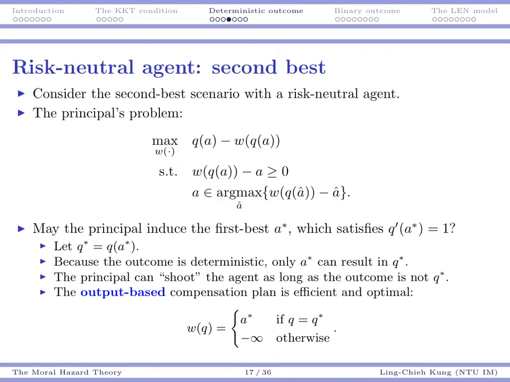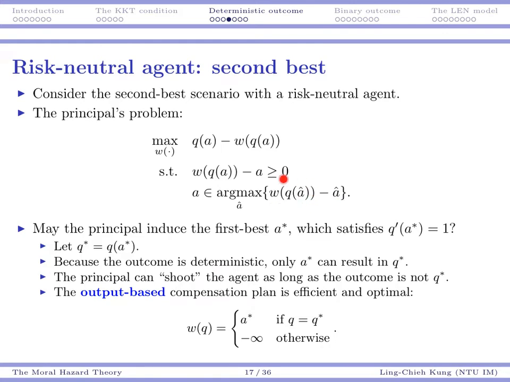Now let's see whether we can still do it when we cannot control the effort level. In that case, the principal can only design W, and W would just be a function of the outcome. Given W, the agent now solves a problem. The agent will choose an effort level by himself to maximize his own payoff.